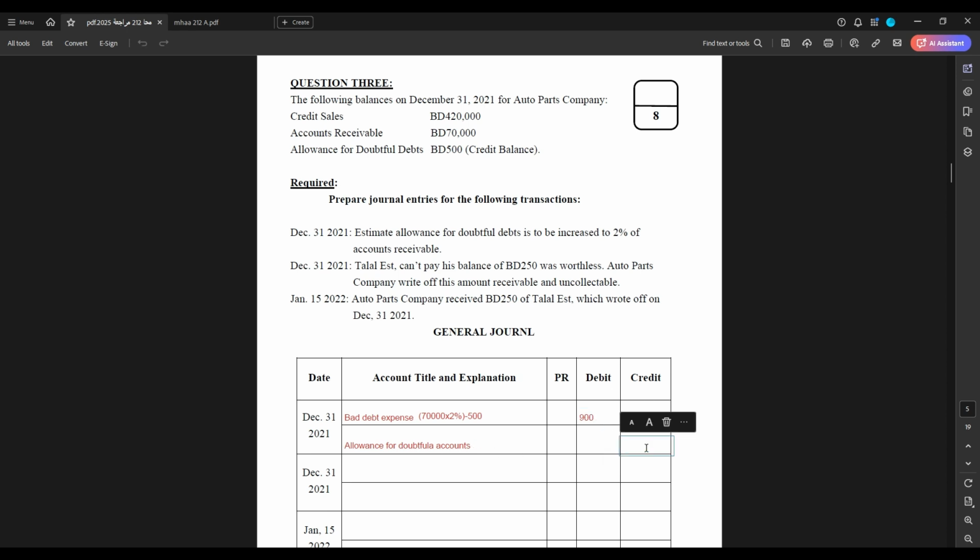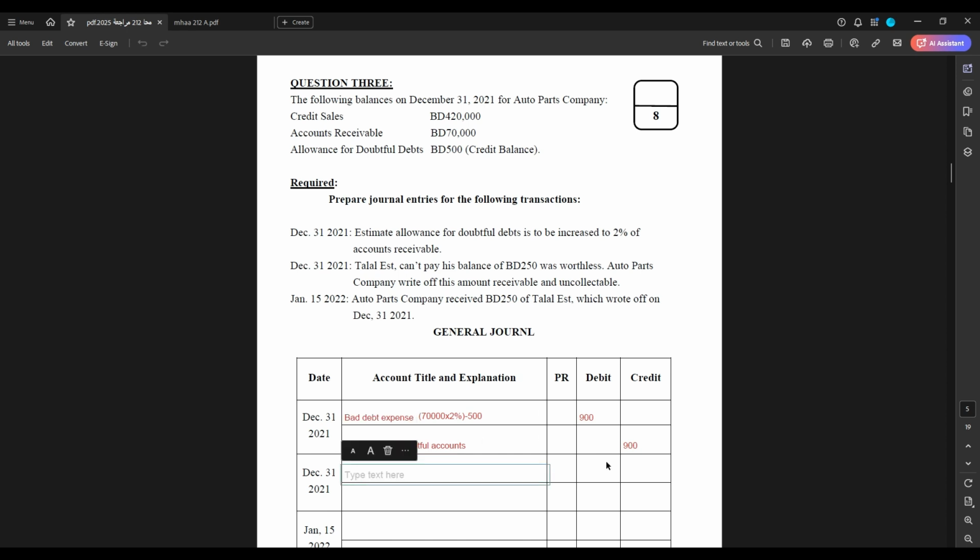Also for the allowance for doubtful accounts. On December 31, Talal establishment can't pay, and his balance of 250 was worthless. Auto Parts Company writes off his amount of accounts receivable as uncollectible.